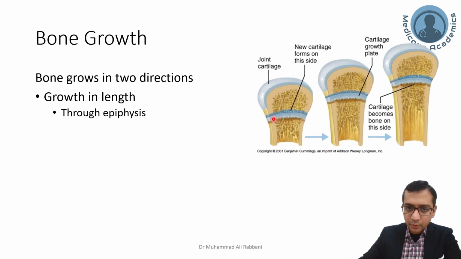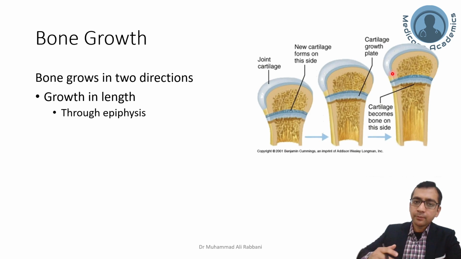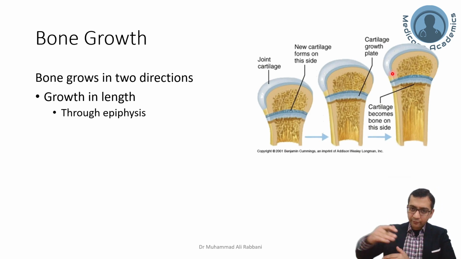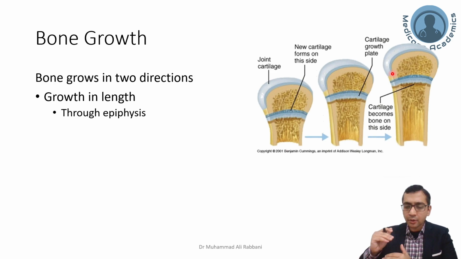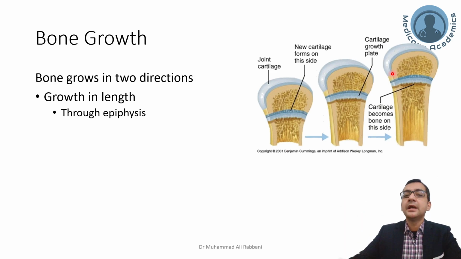So this part becomes bone and the growth cartilage moves one layer further. Then the process goes on. It moves another layer further, and a lower layer is replaced by bone. So as it continues to multiply, it continues to move away from the center of the shaft, away from the diaphysis, and this helps in the lengthening of the bone.